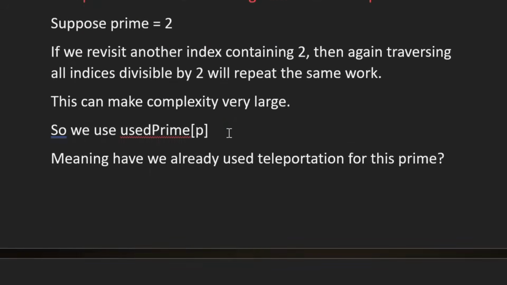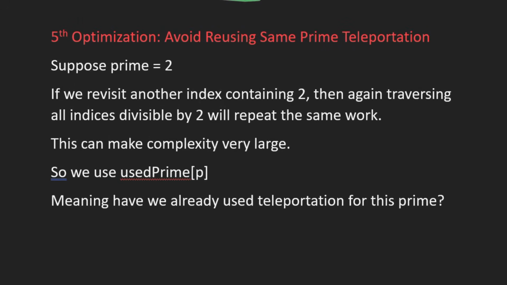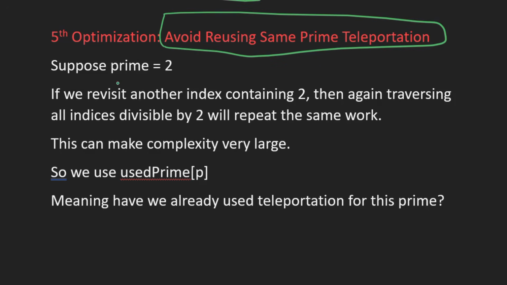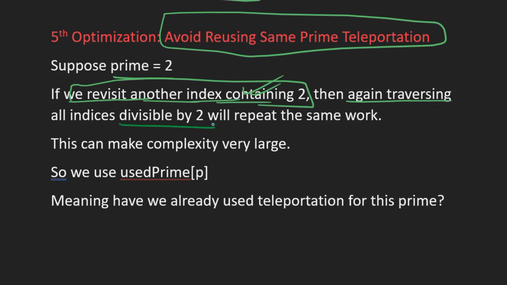Then there is one more optimization: we won't reuse the same prime teleportation again and again. Suppose our prime number is 2, and we revisit another index containing 2. Then again traversing the same indexes which are divisible by 2 will repeat the same work.